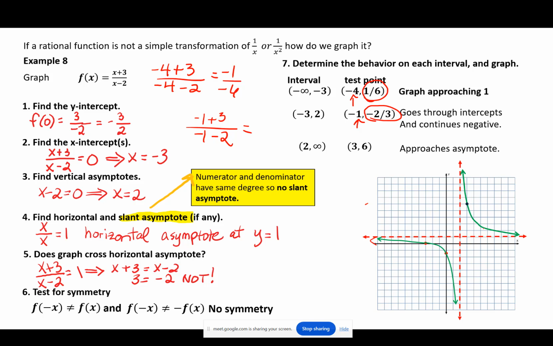There's just no other way to draw it. Because remember, as x approaches the vertical asymptote, the function shoots up to infinity or down to -infinity. And for a horizontal asymptote, as x gets very large or very small, that function approaches that asymptote.